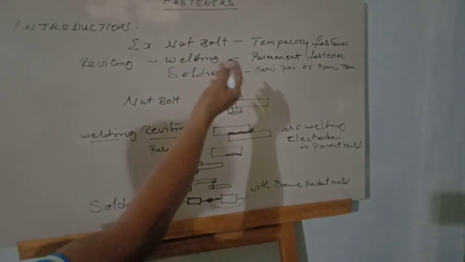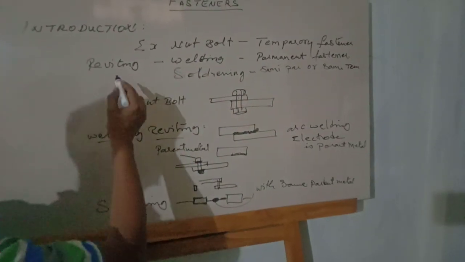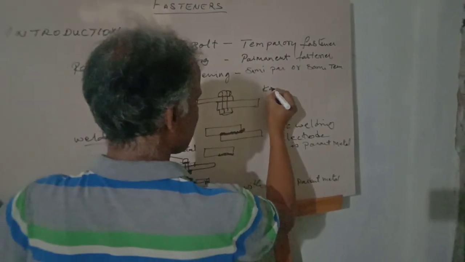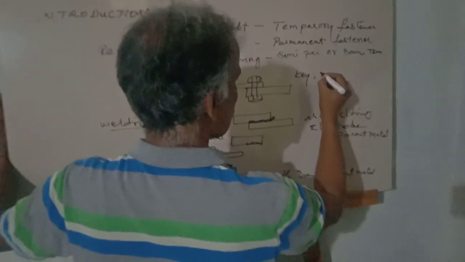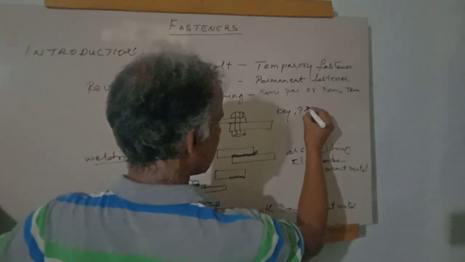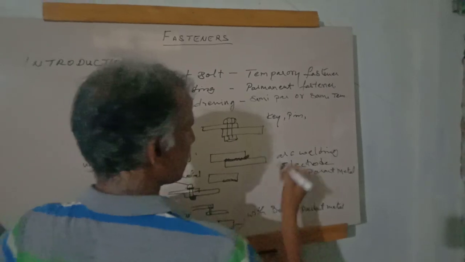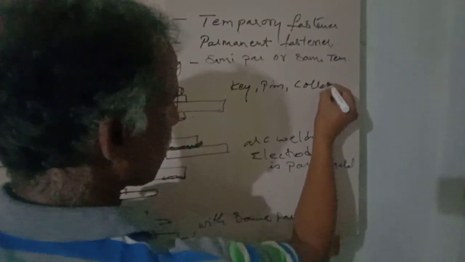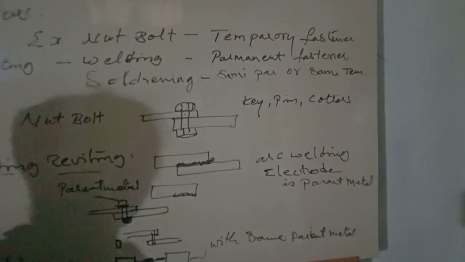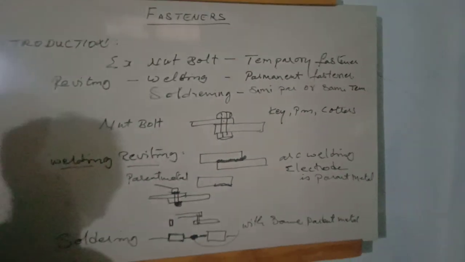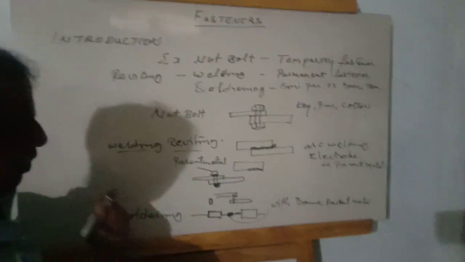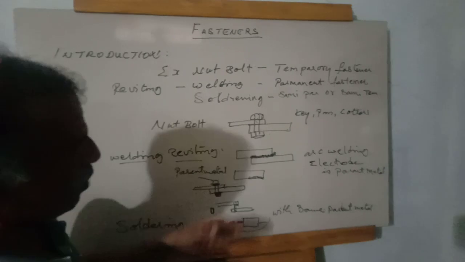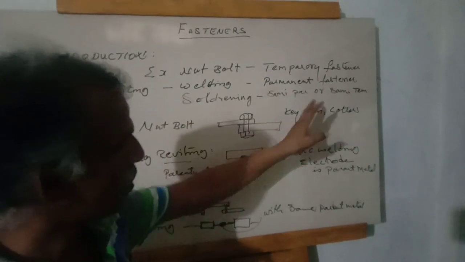In place of nut and bolts, in temporary fastening, we can use keys, pins, and quarters. For example, if you see, your cycle is mainly assembled with all the parts together with the help of nut and bolts, keys, pins, and quarters.